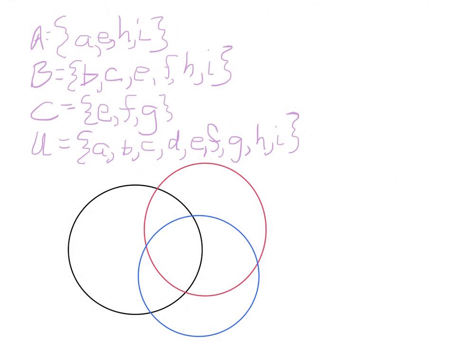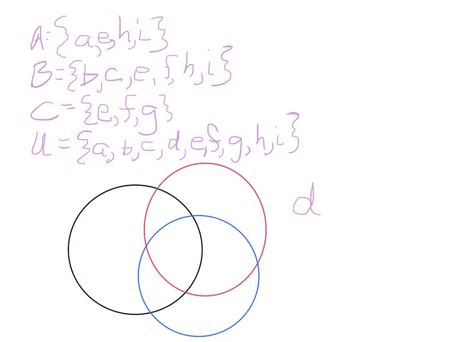So the universal set is the 9 letters listed, and I'm just going to check. I have A, B, C, a D, and E. I don't have D and E listed in my sets above. Oh, I have E but not D. So the first thing I know is set D is on the outside.